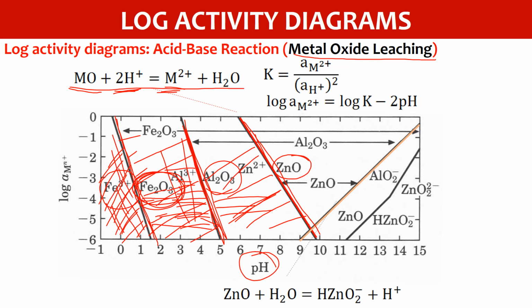So in this case, we have seen the stable regions, where the stable phases of different types of your oxide and the metal ions are in stability.